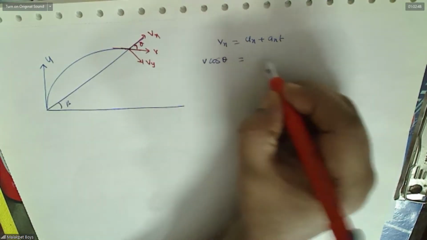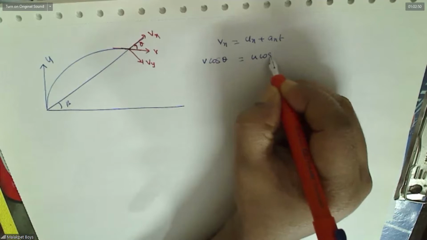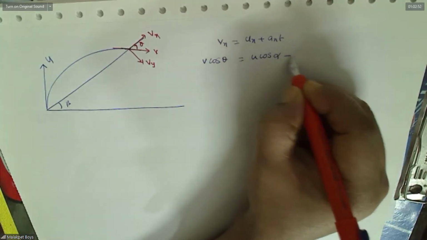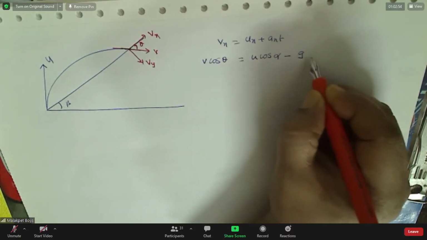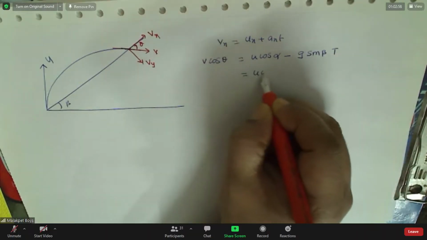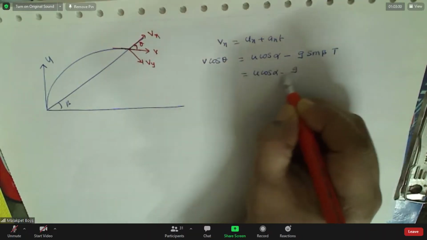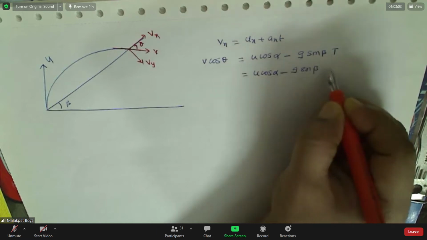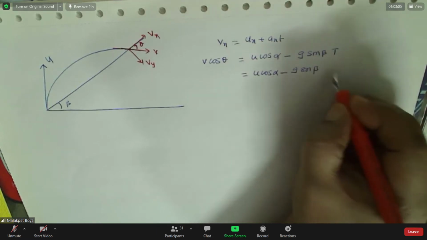Ux is how much? Into time of flight. How to find? Time of flight you already know, no?